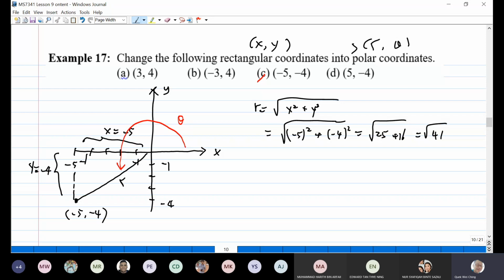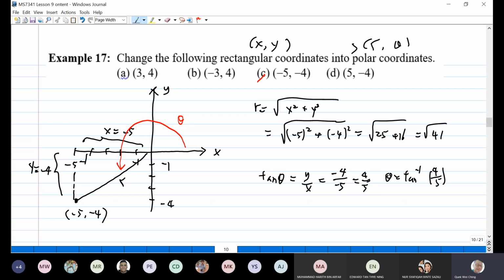Then how to find theta? You can also use tangent theta. Tangent theta is y over x here. y is equal to -4, x equal to -5. So this simplifies to 4 over 5. Then you can find out what theta is now, right? So theta is equal to tangent inverse 4 over 5.